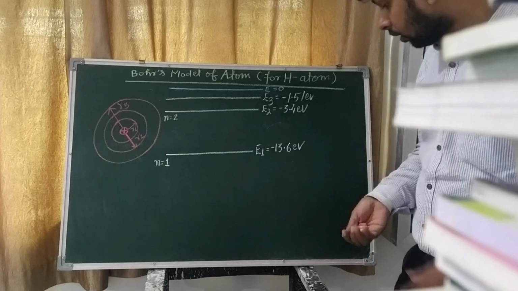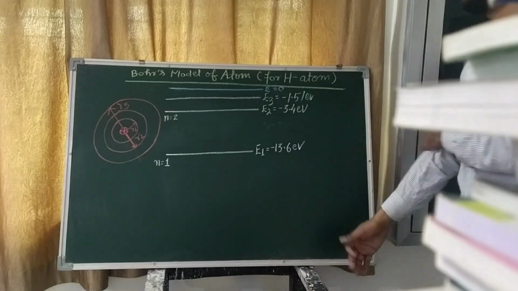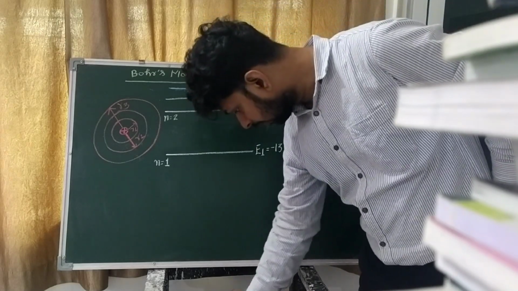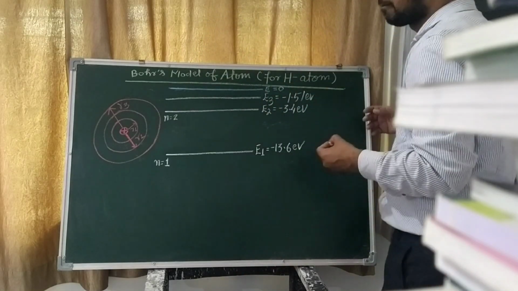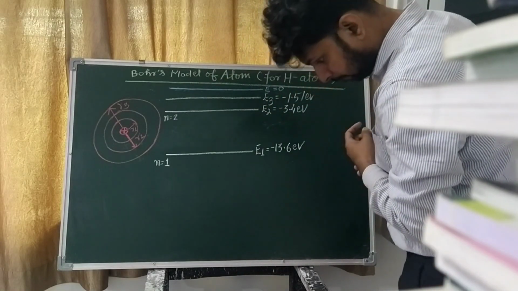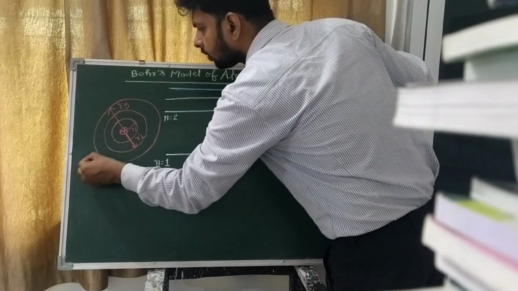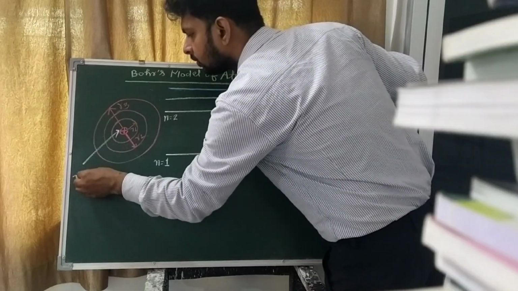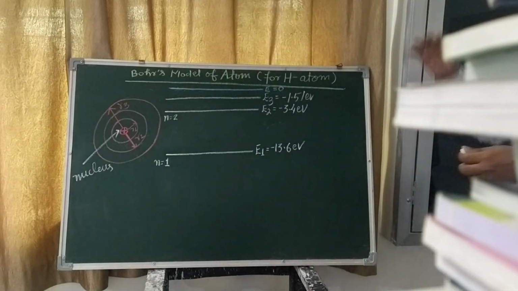So Bohr thought of the atom like this, and he explained that here this is our nucleus, okay.